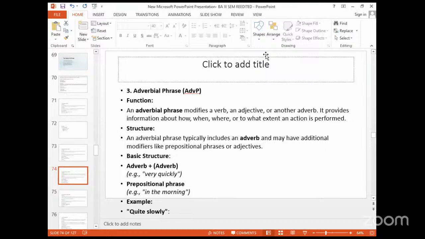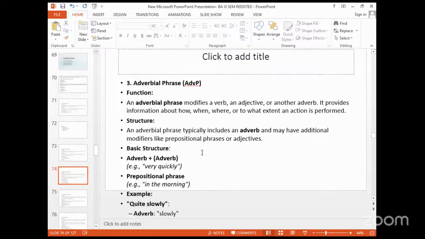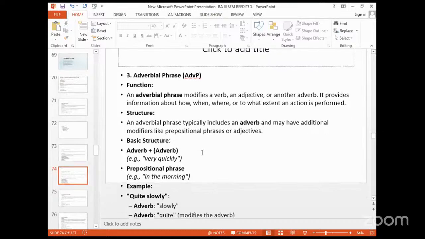The basic structure is an adverb plus an adverb, or at times it comes in the form of a prepositional phrase. Another example is quite slowly. Here slowly is the adverb, and quite again modifies the adverb, both being adverbs.